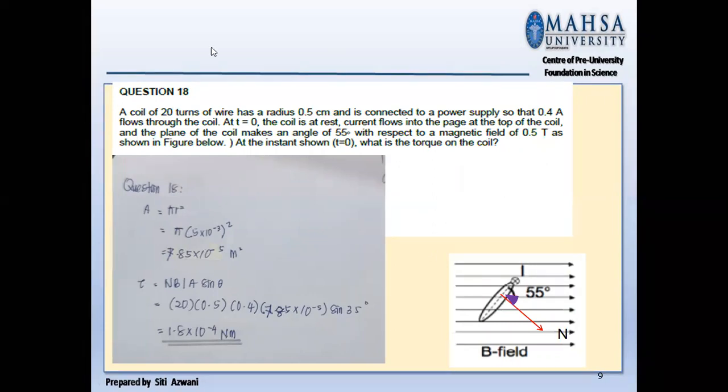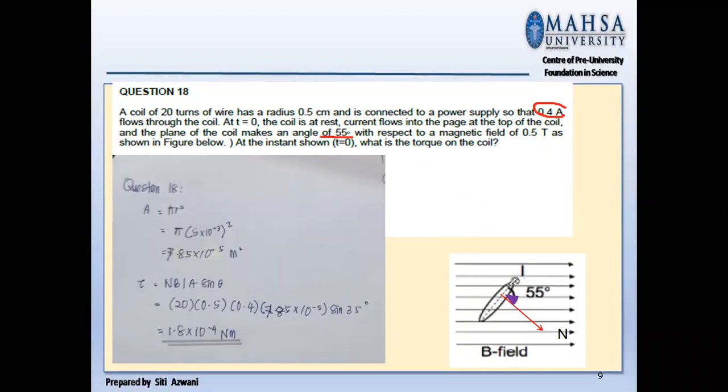You have your turns, which is 20 turns, and the radius of your coil, 0.5, current inside your wire 0.4, and the top of coil in the plane of the coil makes an angle of 55 degree. So here you can refer to your figure.